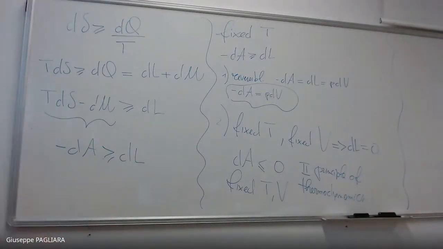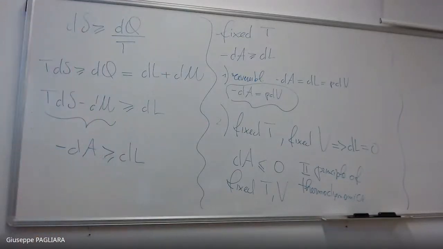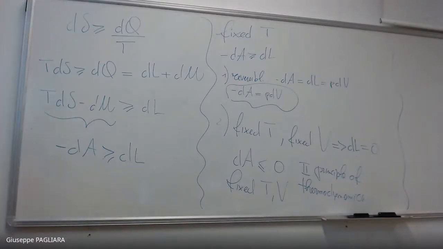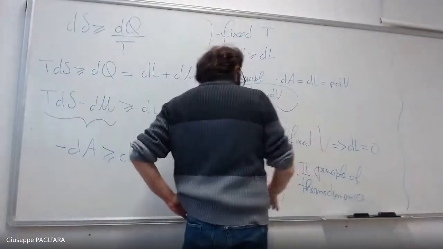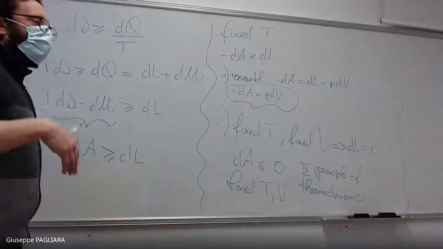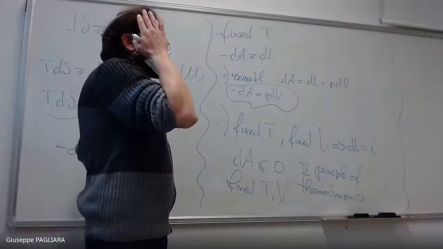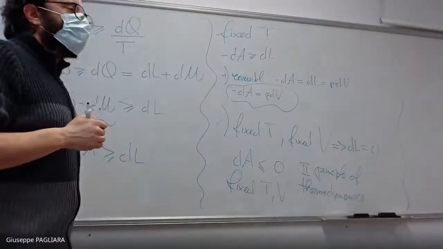So what this equation is telling me is that, similarly to the case of an isolated system in which I take the entropy and I know that the arrow of time is the direction in which the total entropy is increasing, in the case in which the volume is fixed and the temperature is fixed, the quantity that establishes the direction of time is the Helmholtz free energy.